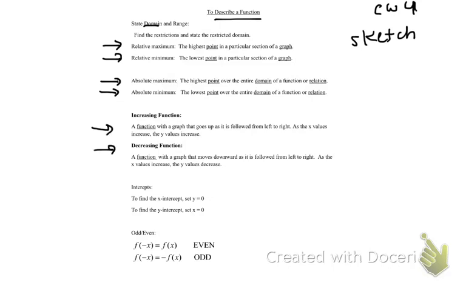A reminder on these increasing, decreasing sections: you're looking at y to increase or decrease, but you are tracking the x values. Think of a roller coaster where it goes up and down, where you increase, then you decrease, then you increase, then you decrease, and all along this is over your x.